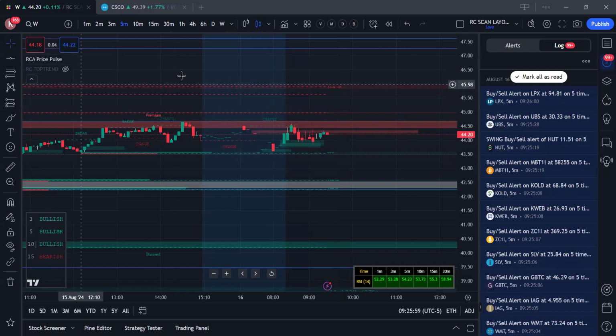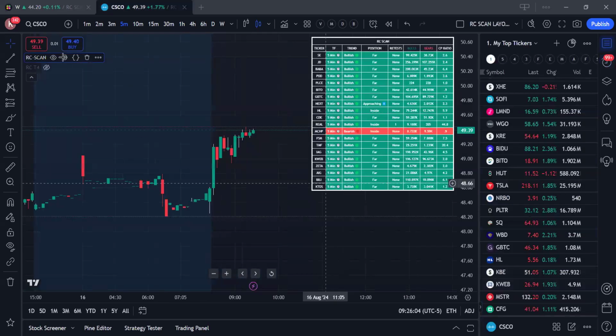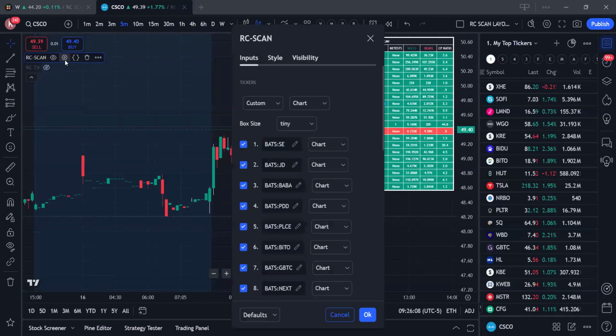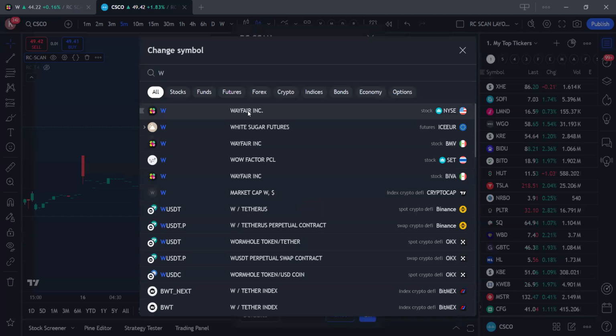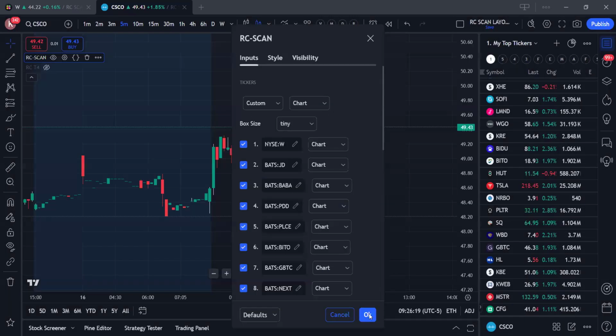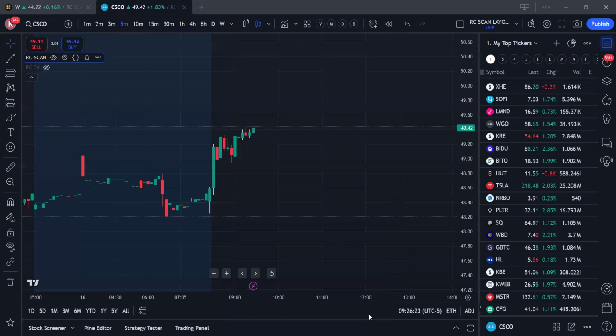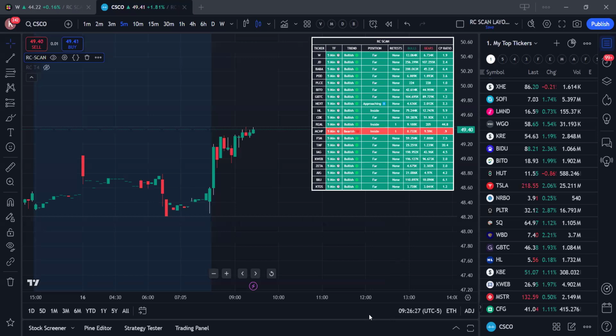Again, if we want, we can always check with our scanner to see. Wayfair is showing around 1.9 CP ratio, which is not great, but okay.